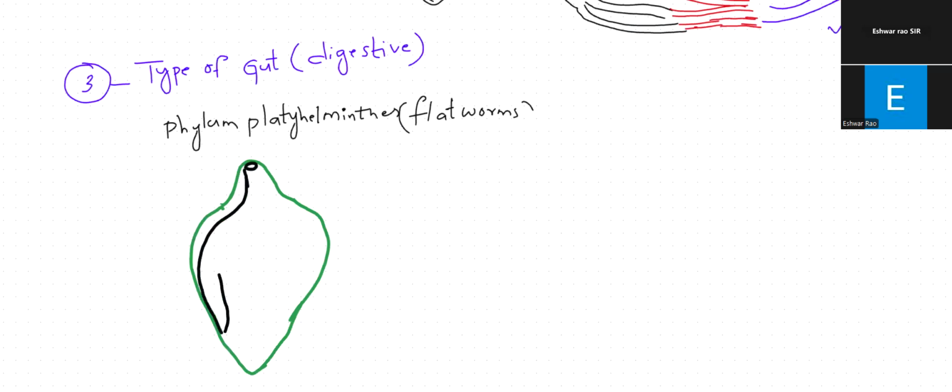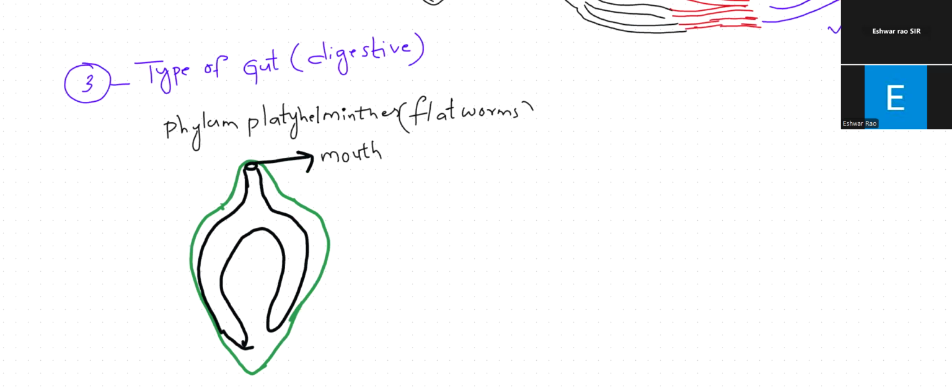This is the intestine, where it is bifurcated, meaning divided. Does the intestine have a single compartment, or does it have two compartments?